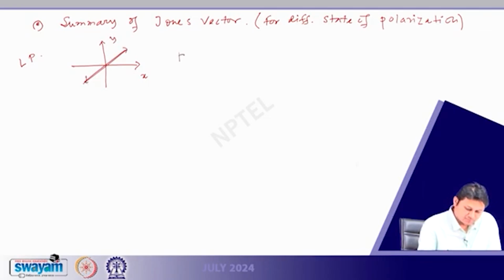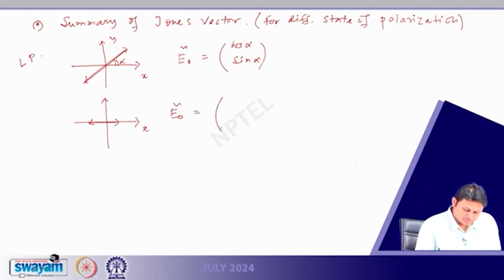The general form is cos alpha, sin alpha, where this is alpha, and a special case is when it is vibrating along x direction, E naught will be 0 1, sorry, 1 0.